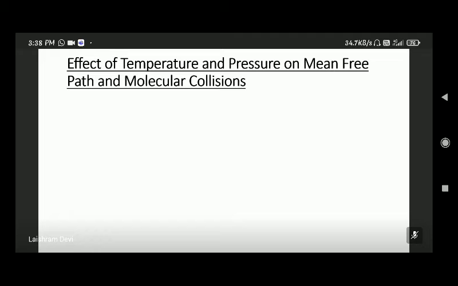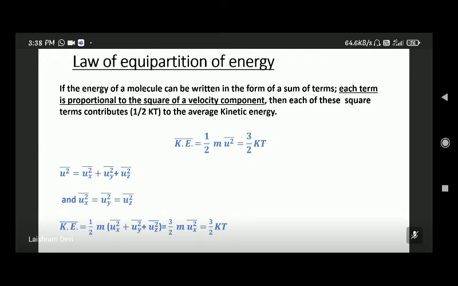Next, let's come to this law of equipartition of energy. Does this term sound familiar to you? Law of equipartition. हाँ जी.